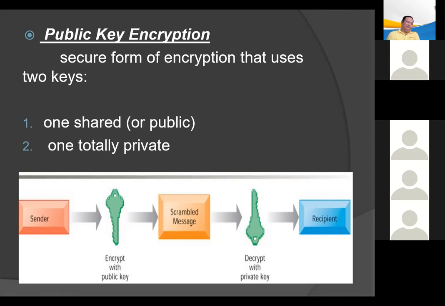When the message arrives to the recipient, it uses his or her private key to decrypt the data and read the message. So ito yun yung sender, tas encrypt with the public key. Tapos yung message na dapat mag-arrive dun sa recipient, tapos decrypt, dito na papasok yung information, tapos sa recipient na.